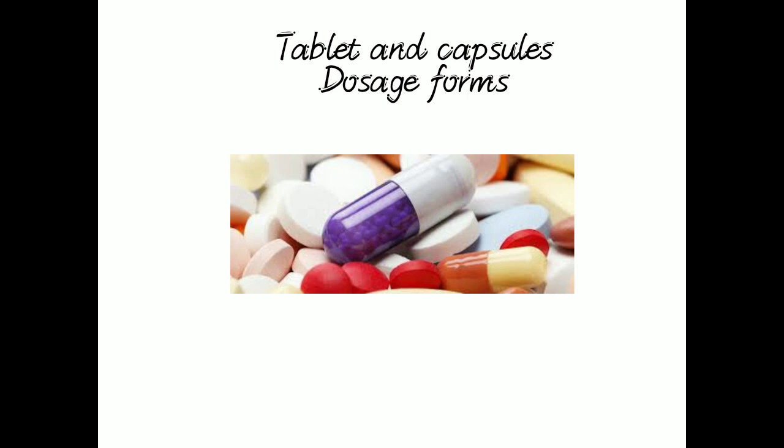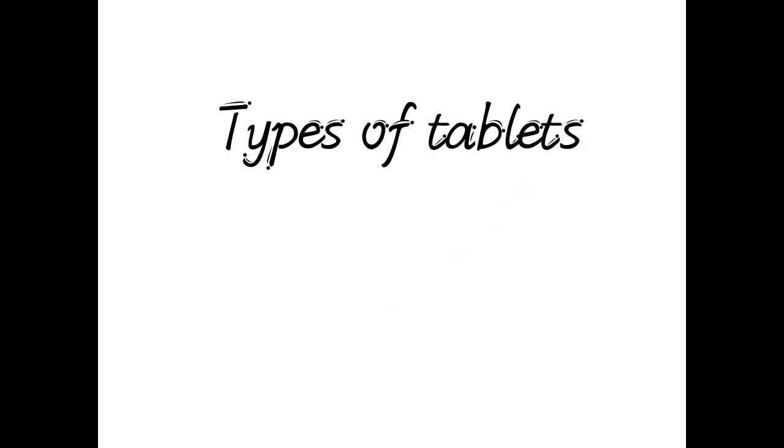In this video, we shall be covering the important topics which may be asked from the tablets and capsules dosage form, that is, the solid dosage forms. First thing is the types of tablets. You must be aware of what are compressed tablets, molded tablets or triturates.